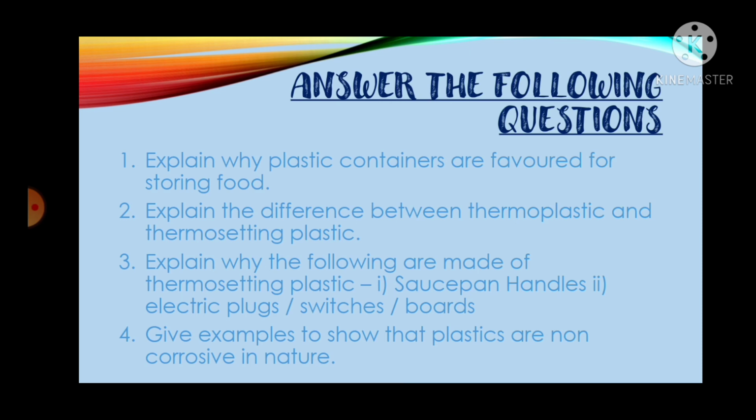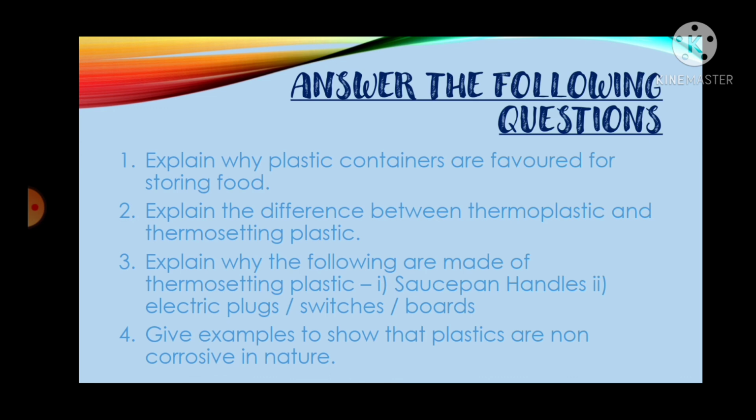Now let's go towards the next question, that is, explain why the following are made of thermosetting plastic. First is saucepan handles. The handles of saucepan are made of thermosetting plastic because they are bad conductor of heat and do not get softened or melted due to heat while cooking is going on. Therefore handles of saucepan are made of thermosetting plastics. Second is electrical.